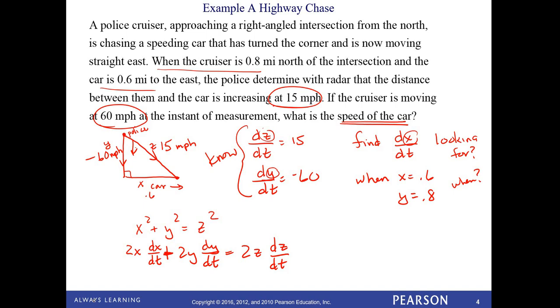I'm going to go to a new screen. So where I am is 2x dx/dt plus 2y dy/dt equals 2z dz/dt.